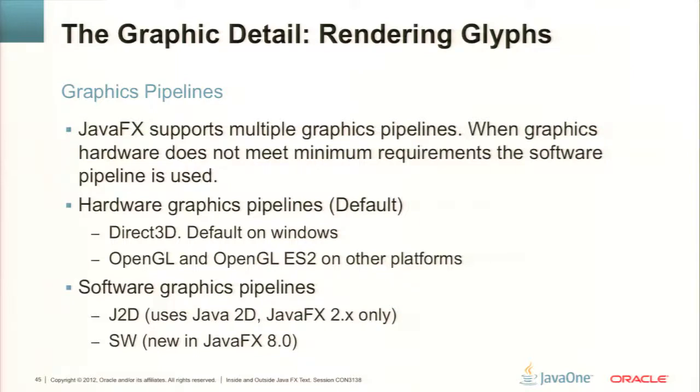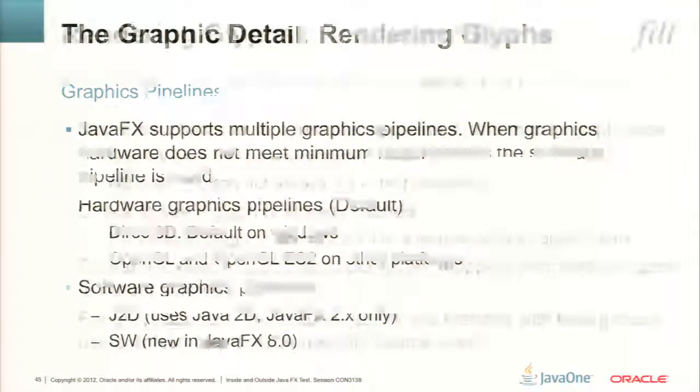Now, if your drivers aren't capable or are blacklisted, etc., then we will have to fall back to software. Software is pretty good. We have the J2D pipeline, which is basically Java 2D as a fallback, which is JavaFX 2 only. And then there's the new software pipeline, which is going to be in JavaFX 8.